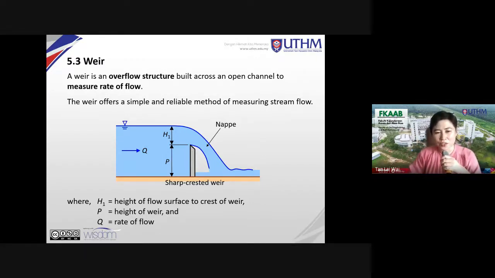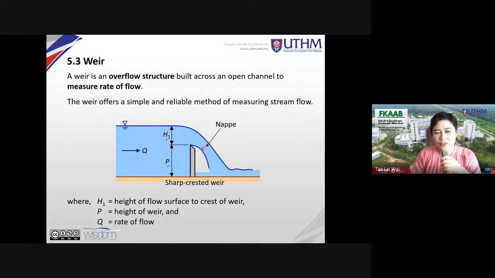Okay, this is when we look at the longitudinal section, not across, longitudinal. You'll see this structure here. The height of the weir is denoted by P. The thickness of the water measured above the crest of the weir is denoted by H subscript 1. Q is Q. Now, this is the nappe.